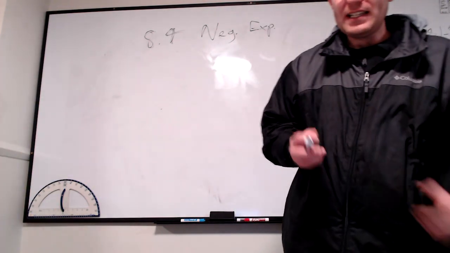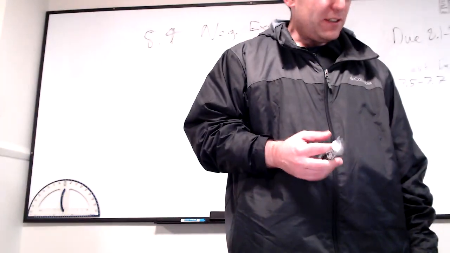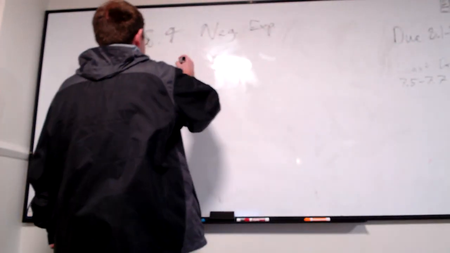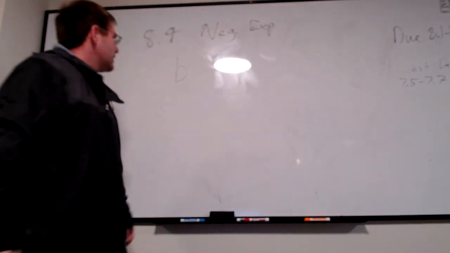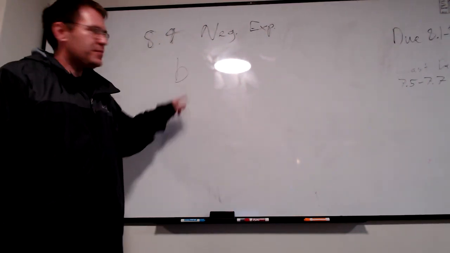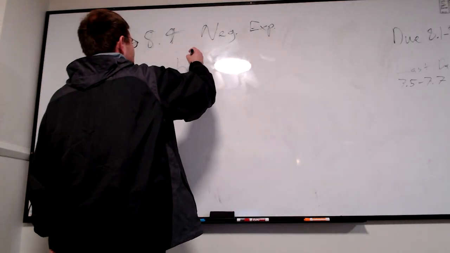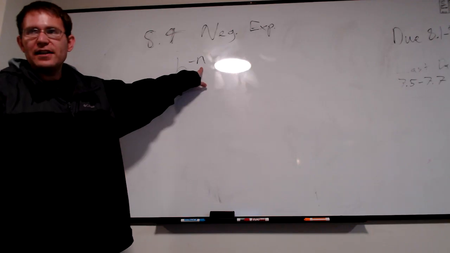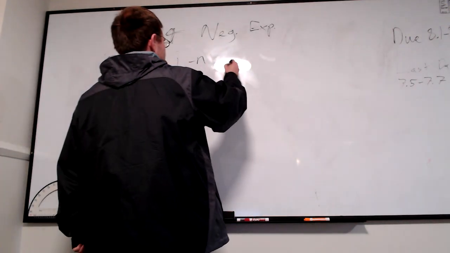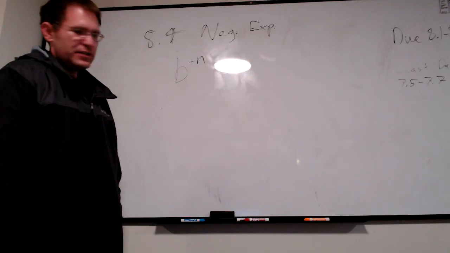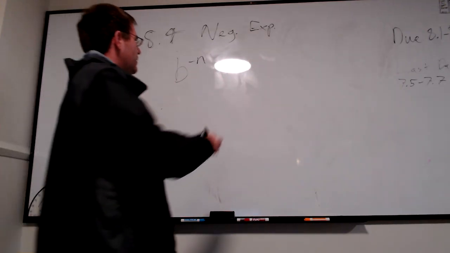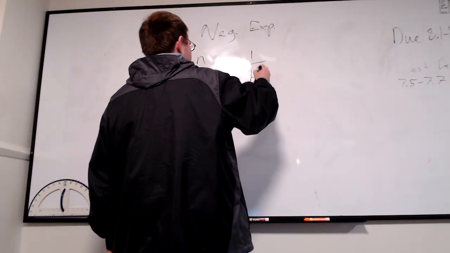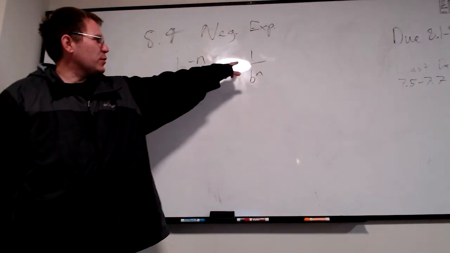So the big idea in this chapter related to negative exponents is simple enough. b, that's our base number, to the negative n, so this is our negative exponent, equals, as you'll see based on that page 474, basically 1 over b to the n. There's a fancy word for this.